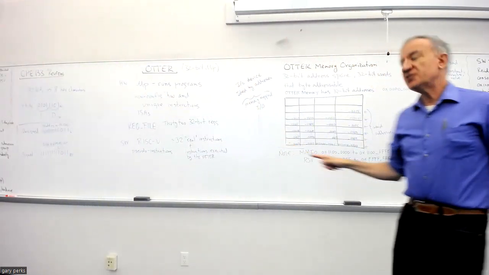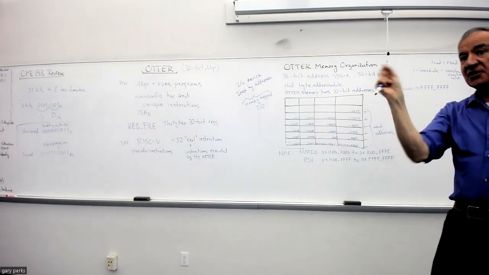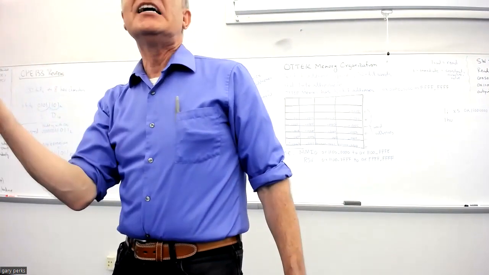But we're using load half word because we're getting 16 bits, which is half of 32. And there's a load half word without the U, and one with the U. The U means unsigned.